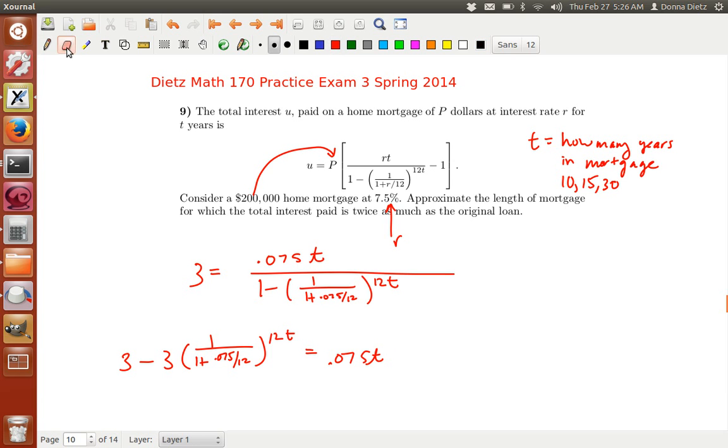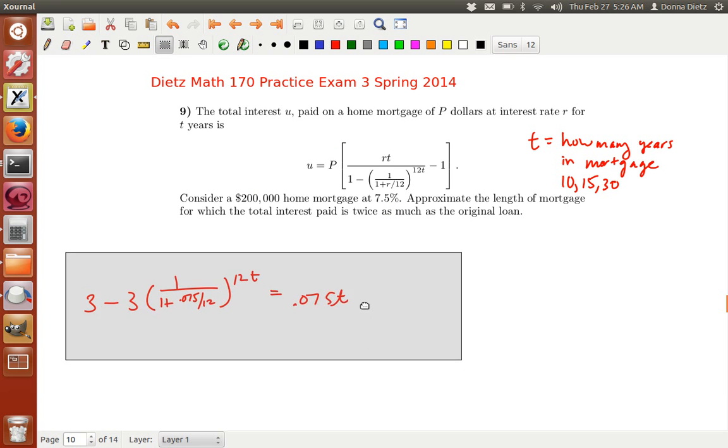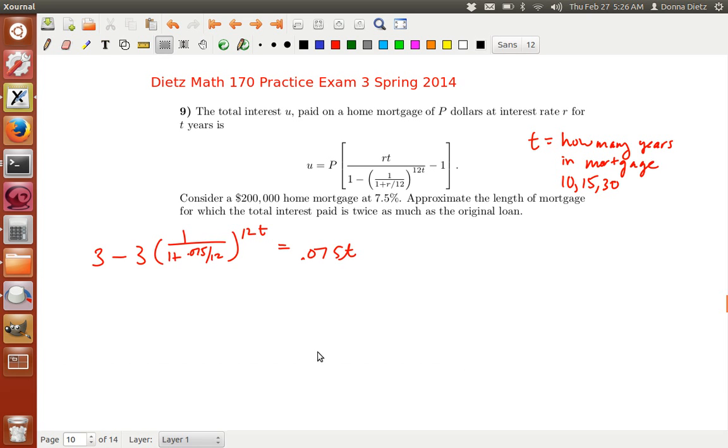Okay, so I'm going to erase all this so that I can have the space back. And then I'm going to move stuff around. I'm going to say 3 minus 0.075t.